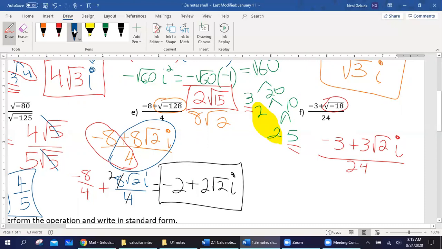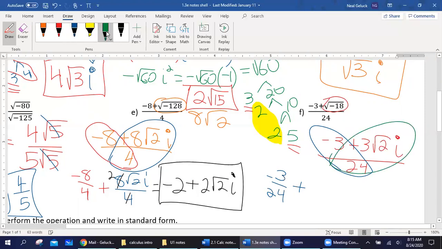And now a similar logic, I'm going to split this. I'm going to do this heart reducing. It makes kind of like a little heart on here. Negative 3 over 24 plus 3 root 2 i over 24.